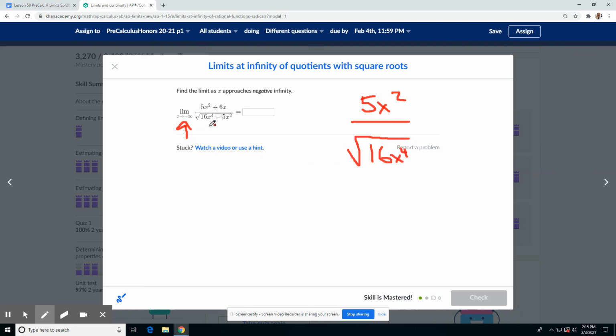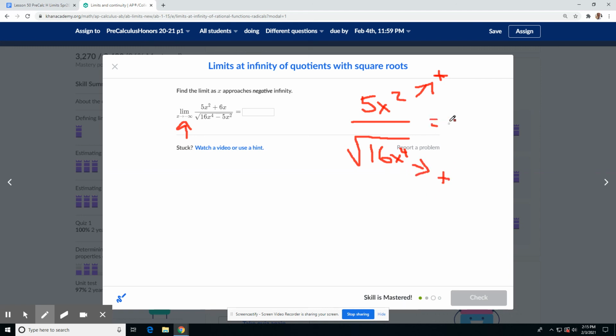And we're plugging in negative infinity here again. So this is where you look at odd and even exponents. So on the top, this will always be what? Positive. So this is always positive. This one is x to the fourth. So this one, what will that always be? This one will always be positive.